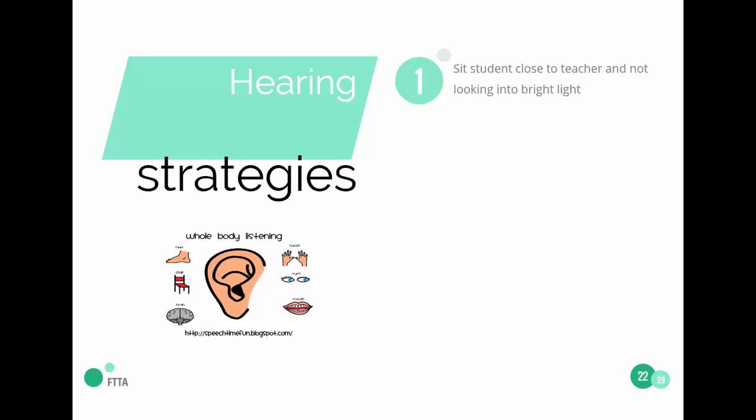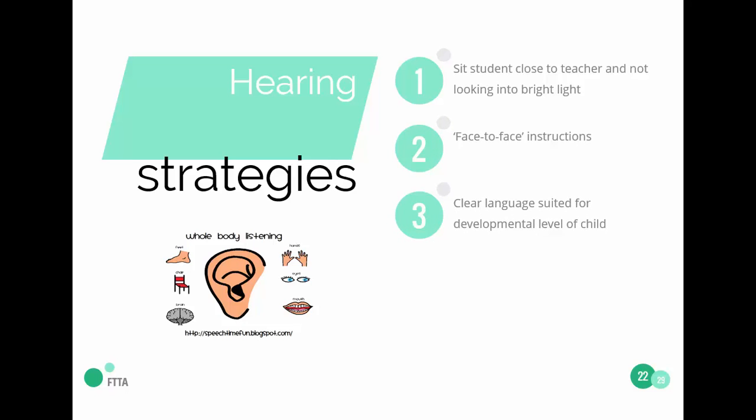Hearing strategies. Sit the student closer to the teacher and not looking into bright light. That goes with all students really. Face-to-face interactions, so a lot of one-on-one, direct talking, facing the person, letting them clearly know that you're the one they're addressing. Use clear language suited to the developmental level of the child.